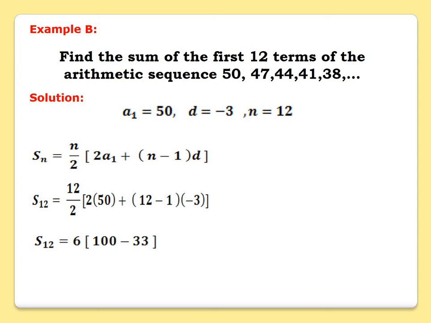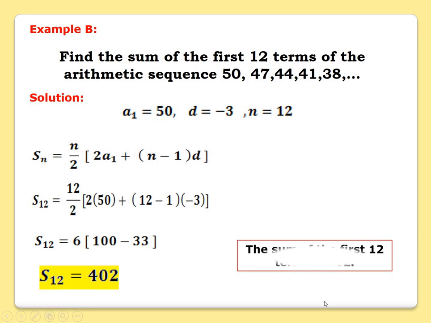This is purely substitution, and let's simplify. 12 divided by 2 is 6. 100 minus 33. 33 came from 12 minus 1, which is 11, times negative 3. Then 100 is 2 times 50. Therefore, S sub 12 is 402.